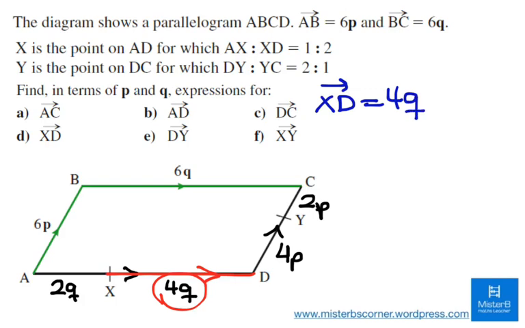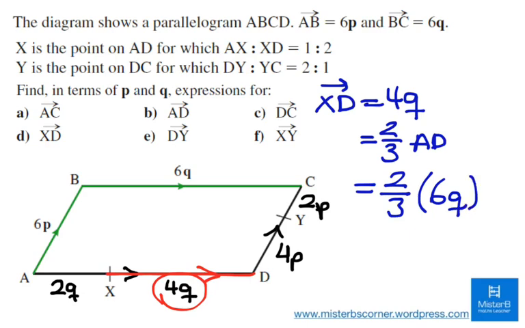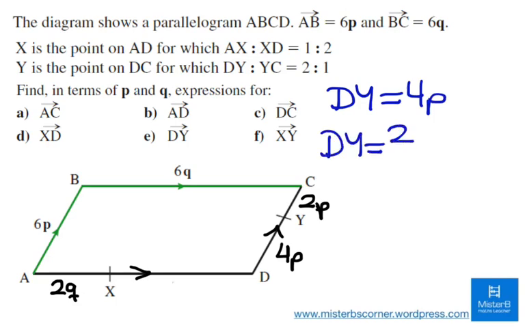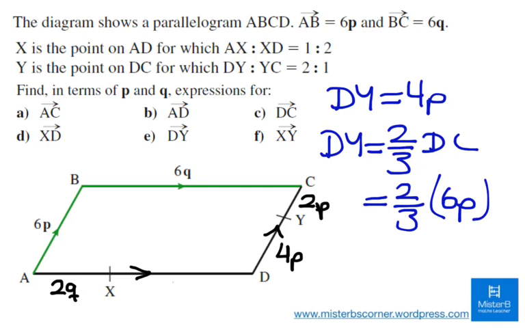Well, you can express this as 2/3 of AD, and then you can write down this is 2/3 of 6q, so you'll end up with 4q. Similarly, you can show DY is 4p because DY is 2/3 of DC, which you could write 2/3 of 6p, so that you'll end up with 4p.